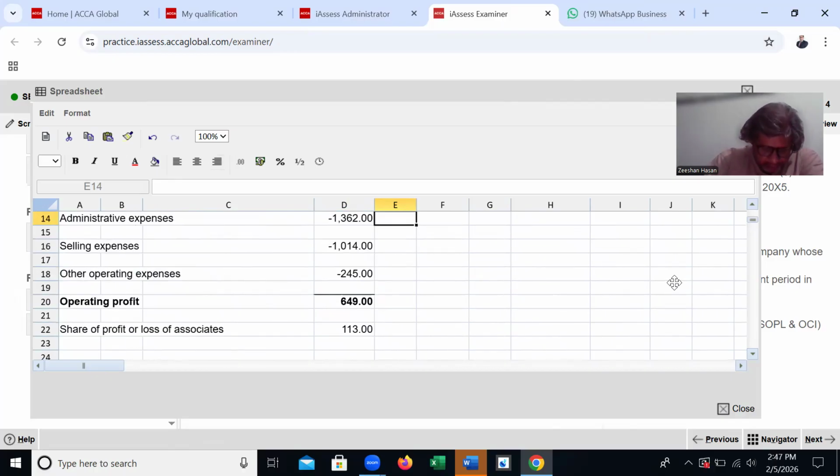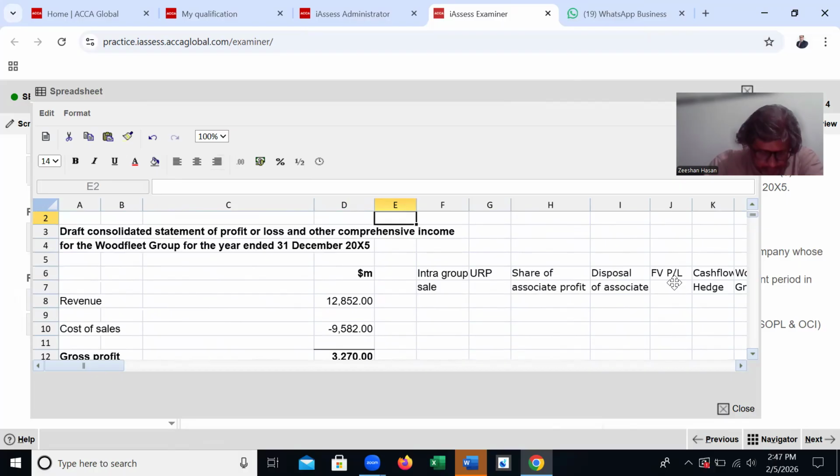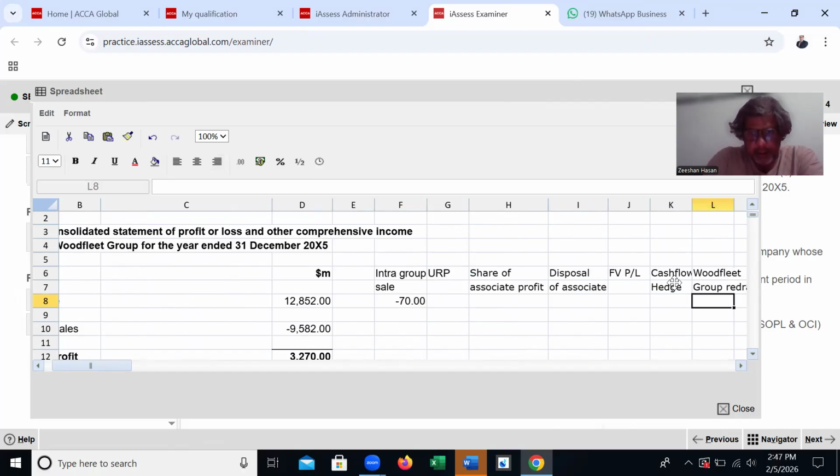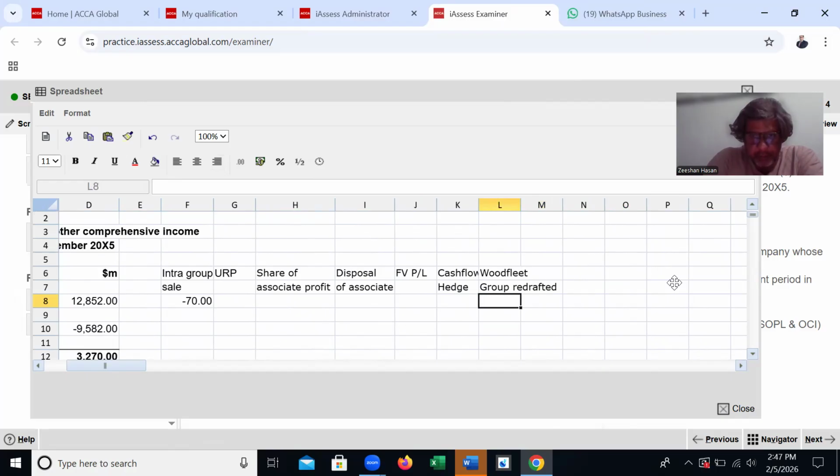Now, starting from the revenue, first we have intra-group sale minus 70, and we will move to this part.